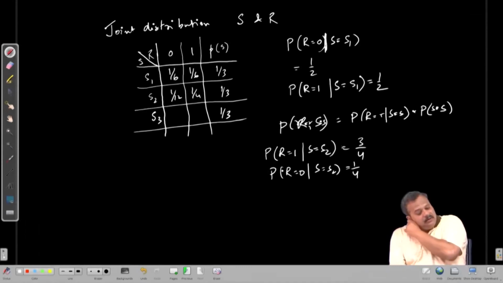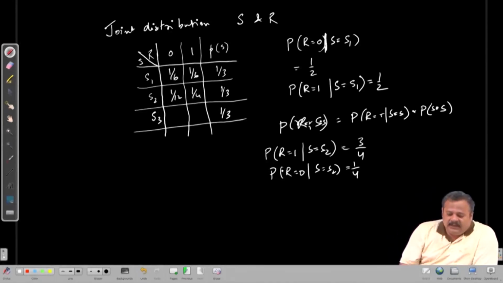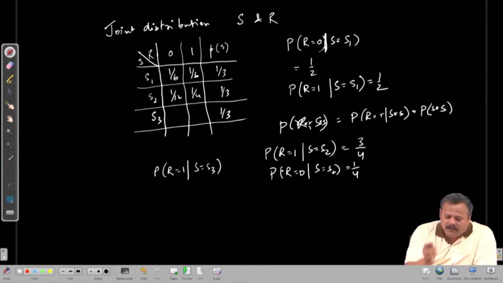And let us say now that S3 is such a stimulus that the probability of response equal to 1 given S equals S3 is very small, or let us say 3 by 8. Not very small, so let us make it even smaller, 3 by 16.